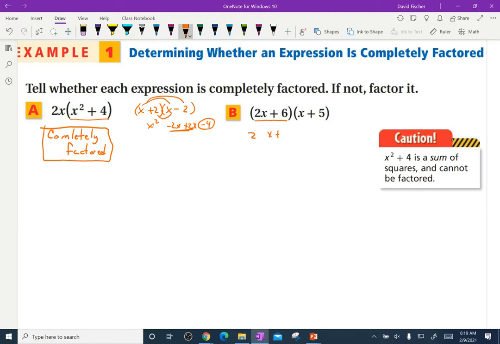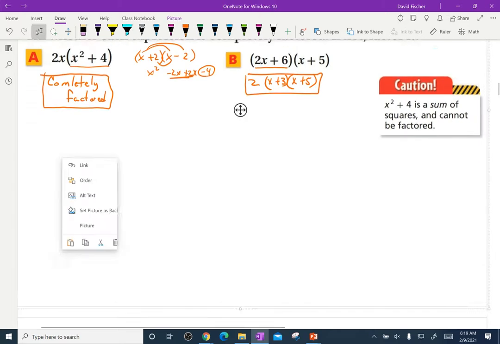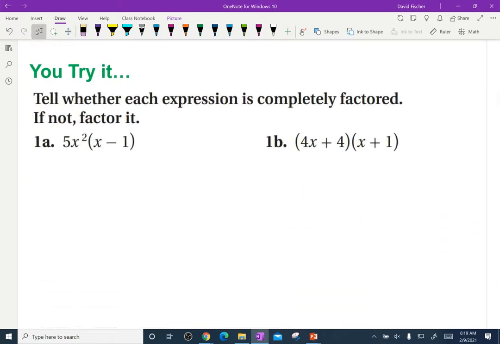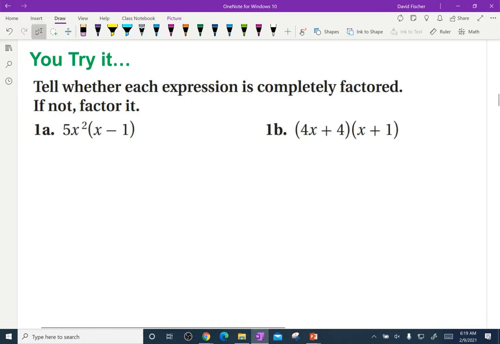What is left is an x plus 3. Don't forget to bring down your x plus 5. And then before I put my box around it, is there anything more I can do? Nope, that's it. Okay, so give these two a shot. Our last step before we always put a box around it is, can I factor anything more?